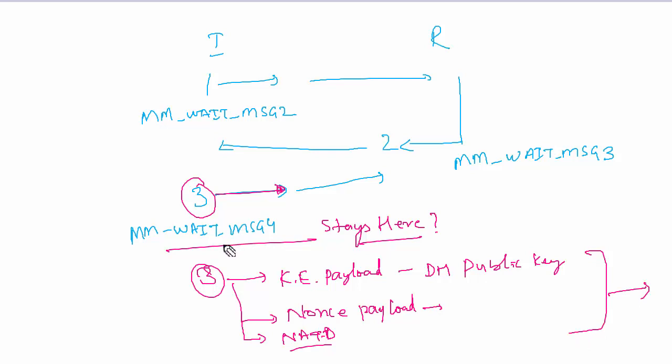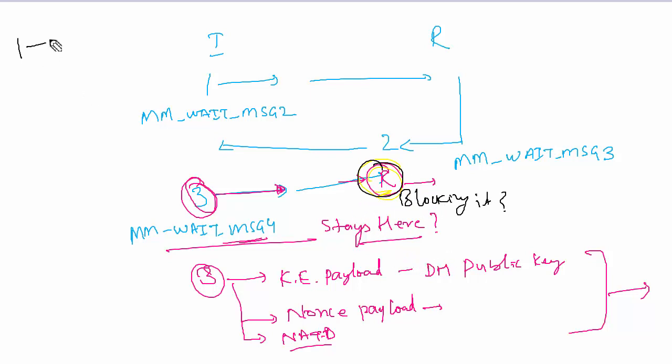Now about the possibilities. Why is the initiator stuck at wait message 4? Any thoughts? Is it possible that some other device here, maybe a router, is blocking message 3, so it is not reaching the responder? Well, if your answer is yes, let's see.